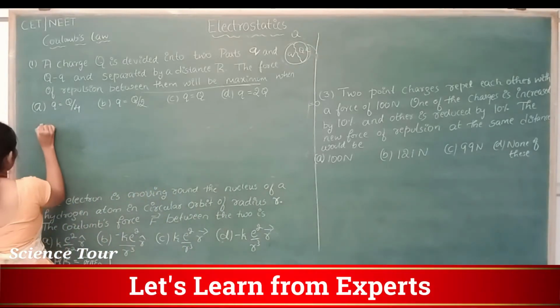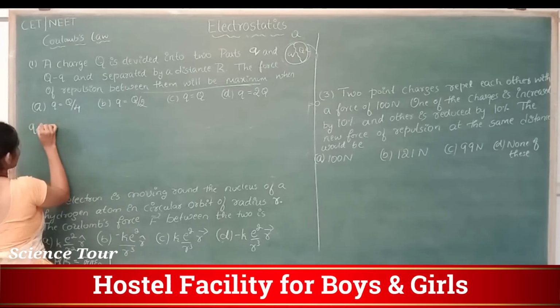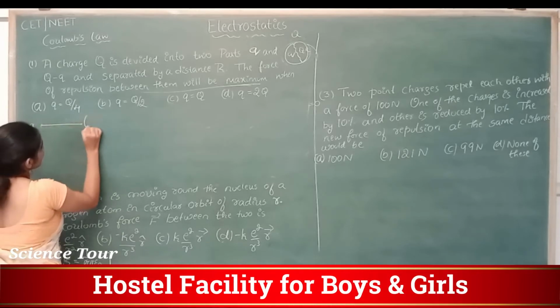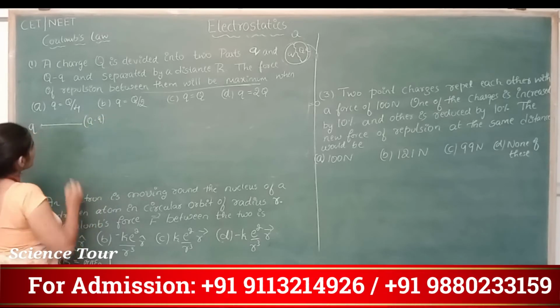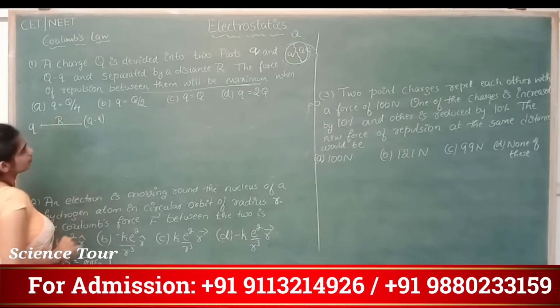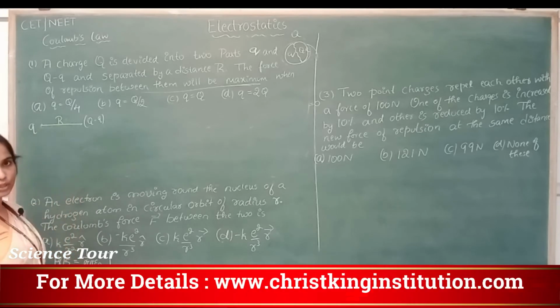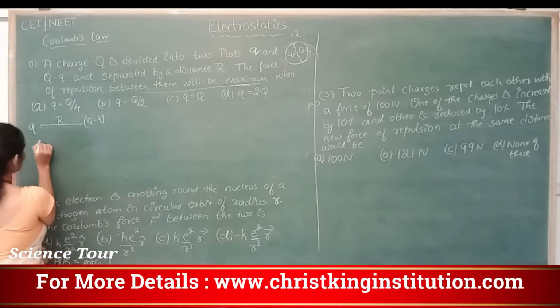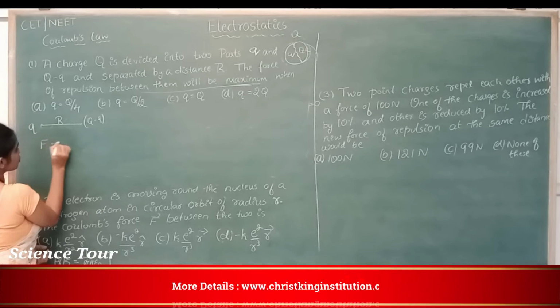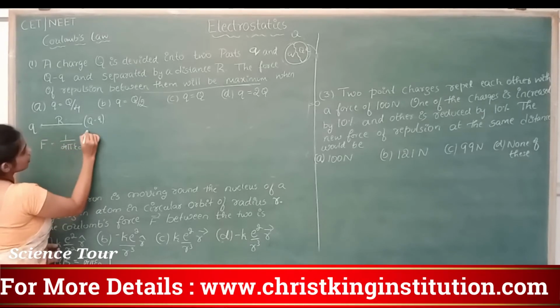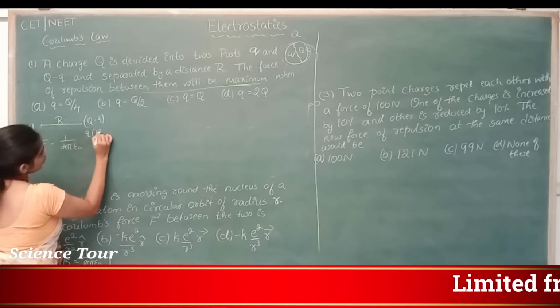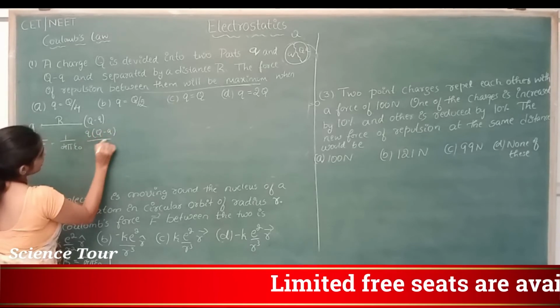There is a q here and there is Q minus small q here. The distance of separation between them is r. What is the electrostatic force between them? The electrostatic force between them is 1 by 4 pi epsilon naught q into (Q minus q) divided by r square.